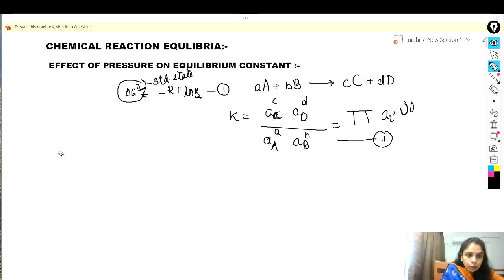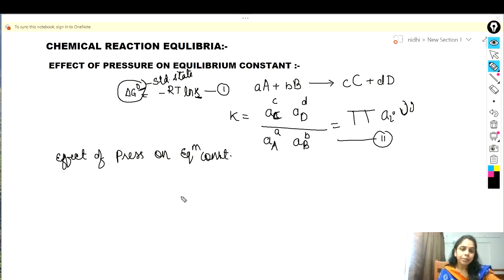So we need to discuss this effect of pressure on equilibrium composition. Except at very high pressure, properties of solids, liquids or solutions are not affected by pressure.